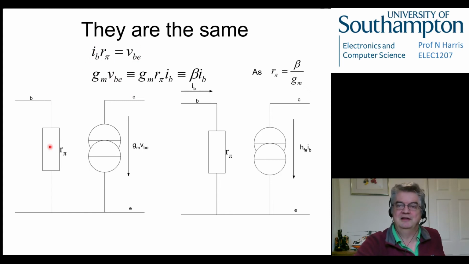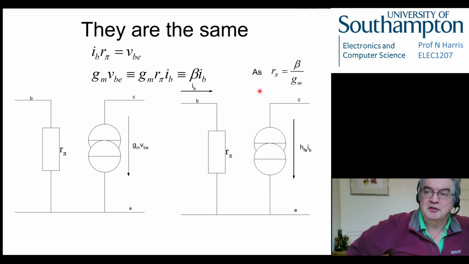That's just the link between the input variables on the input side. And that must be, if this model is to hold true for the other one, the identity of beta IB over here. Then GM R pi must equal the definition of beta, and R pi was defined in our first model as being beta over GM, so that's true.